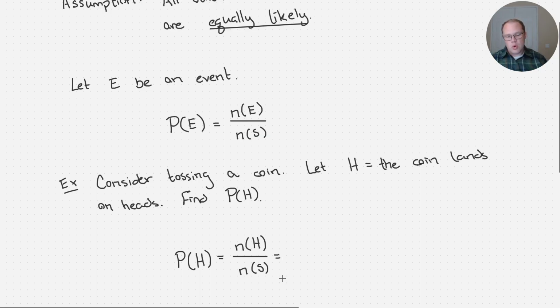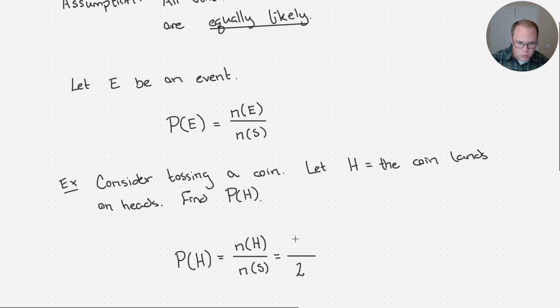Okay? Well, if we think about this experiment, maybe start with the denominator. What's our sample space? What are the possible outcomes? There are only two possible outcomes here. We could land on heads or we could land on tails. So the number of possible outcomes in our sample space is 2. What about N(H)? What is the number of ways we could land on heads?